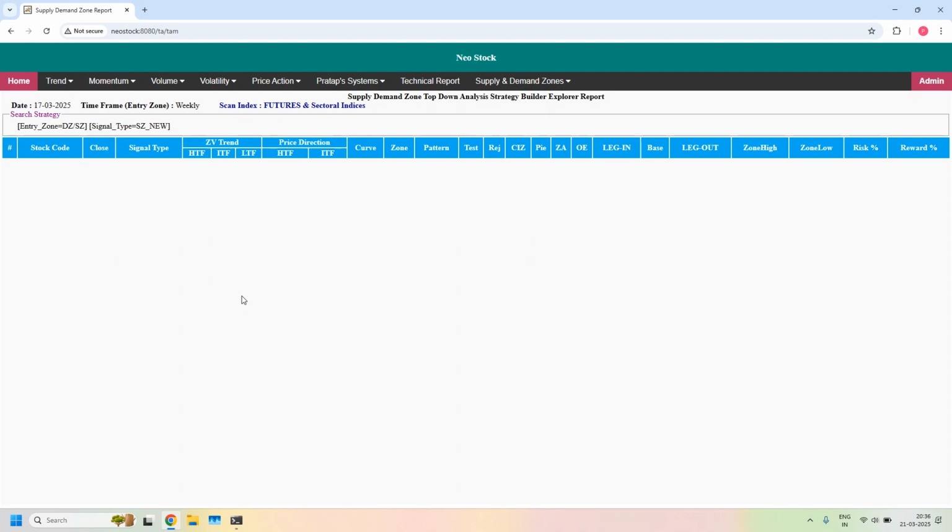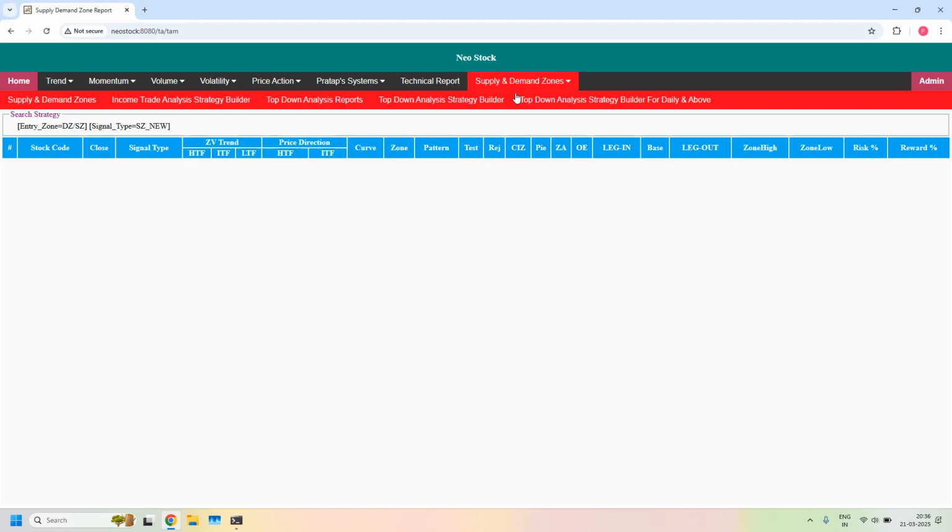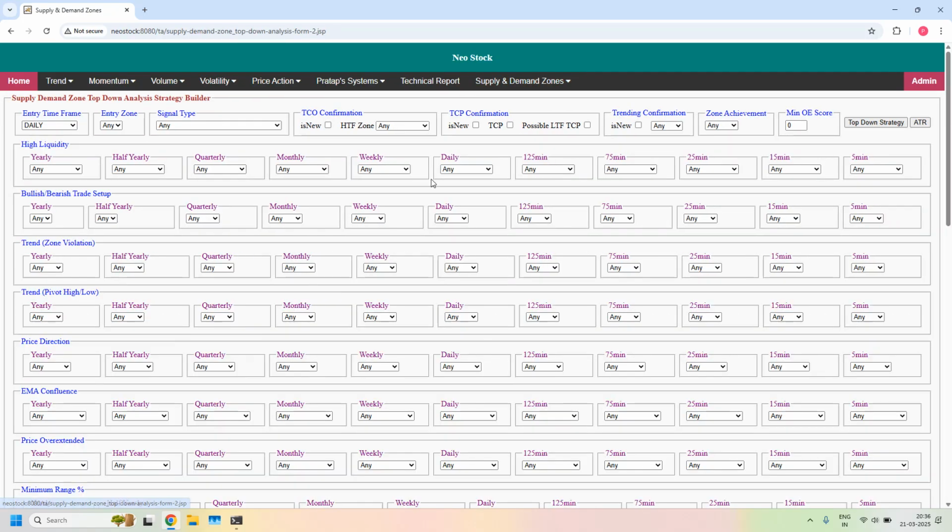Okay, this is about newly created zones. So next we will identify the stocks having a weekly, monthly and quarterly demand zone confluence supported stocks. Later we will filter with quarterly EMA confluence, those zones, because everything is part of quarterly.